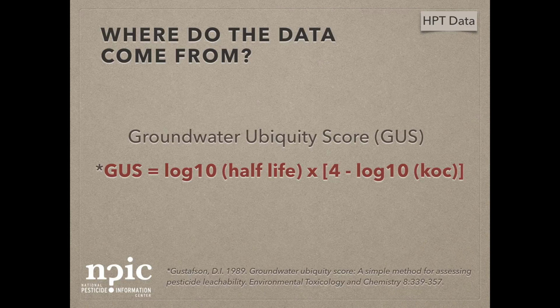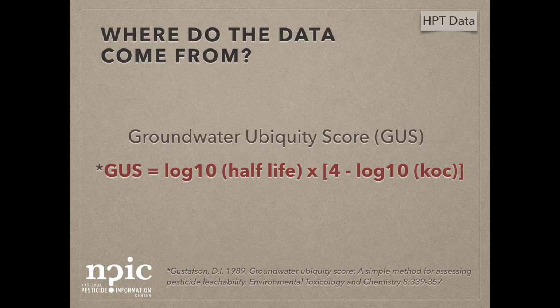So one of the values in our database is the groundwater ubiquity score, or GUS. And the GUS is an empirically derived value that relates persistence, or half-life, and soil sorption, reported as KOC. And this is often used to rank a pesticide's potential to move toward groundwater.